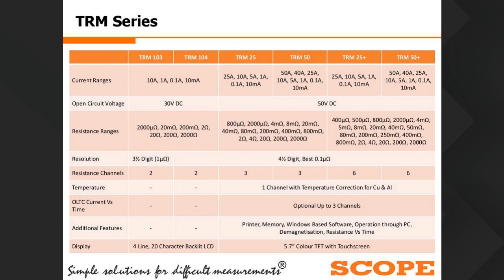Demagnetization is a feature we have added, and a resistance versus time graph feature is also added. We will see the importance of resistance versus time and demagnetization in the upcoming slides. Then the display: in advanced models, we have given a 5.7 inch TFT color touchscreen display for easy operation to the users.